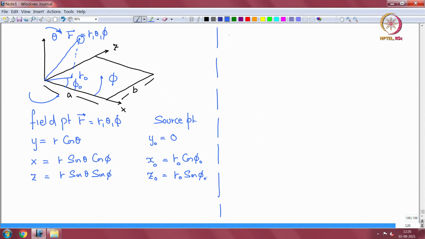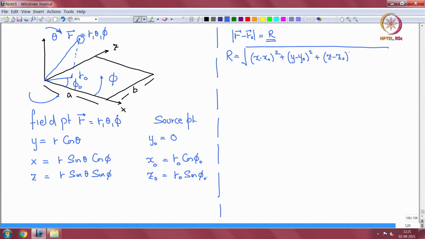So now we need to formulate this r, which is the distance between r and r0, which we'll call r. So what is r equal to now? It is equal to the square root of x minus x0 whole squared plus y minus y0 whole squared plus z minus z0 whole squared.